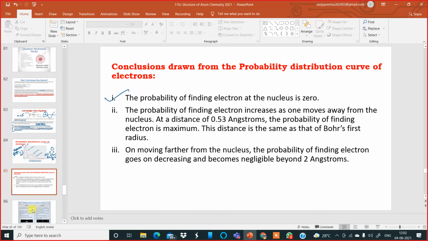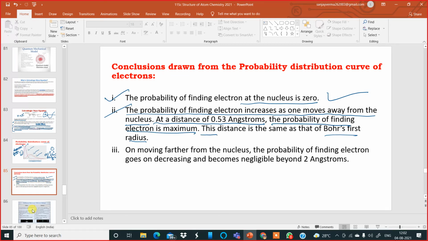The probability of finding electrons at the nucleus is zero. Number two, the probability of finding an electron increases as one moves away from the nucleus. At the nucleus it is zero, and if you move away from the nucleus, then you may get the electrons. At a distance of 0.53 angstrom, which is called Bohr's first radius, the probability of finding the electron is maximum.